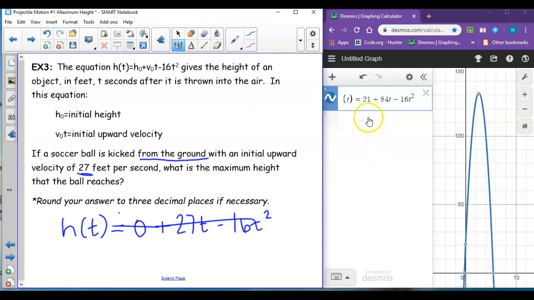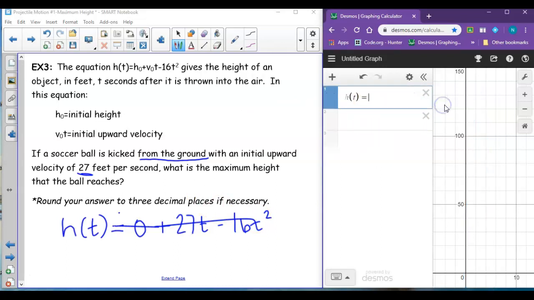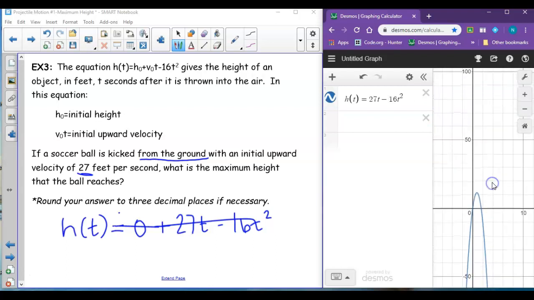So for this problem, let's go back over here. We don't really have to type that 0 in. We could if we wanted to, but I'm going to leave it off. 27t minus 16t squared. And so on this graph, you can see that's much, much lower.